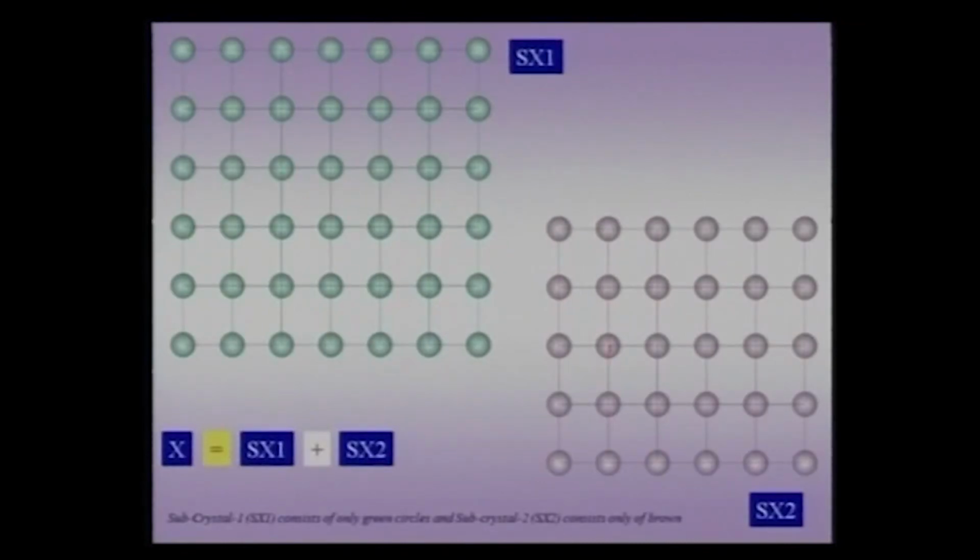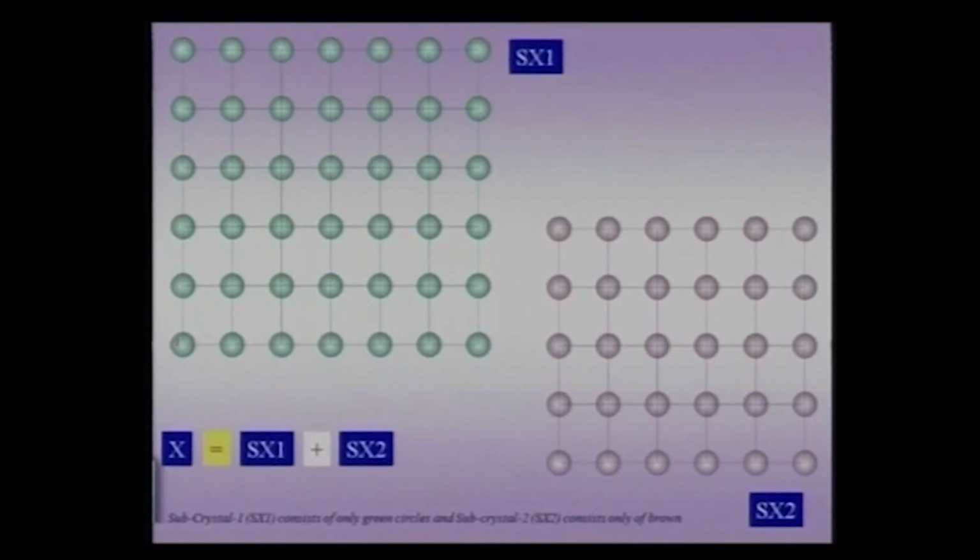Then I actually split this supercrystal, if you wish to call it that, into two subcrystals, subcrystal 1 and subcrystal 2. You can clearly see that subcrystal 1 is fully decorated with a single circle motif, and this subcrystal 1 can itself be thought of as an independent crystal wherein you have a square lattice, or in this particular example a rectangular lattice, decorated with a green circle.